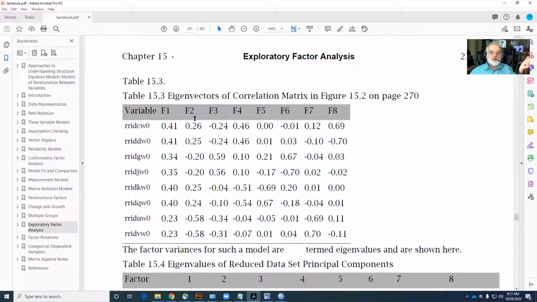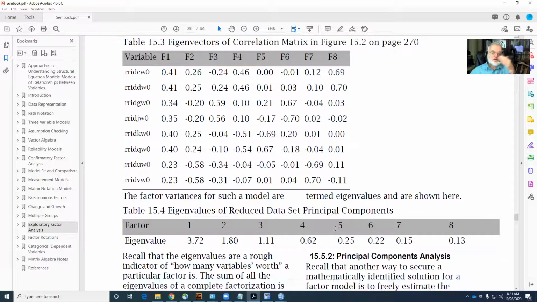The same thing happens for all of these numbers. In other words, still at the very end for F8, if I square all of these numbers and add them up, I'm going to get the number 1. Similarly, if I just use that function, I'm going to get these things called eigenvalues. So these correspond to the factor variances in that model.